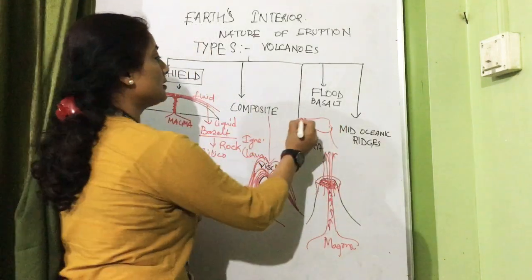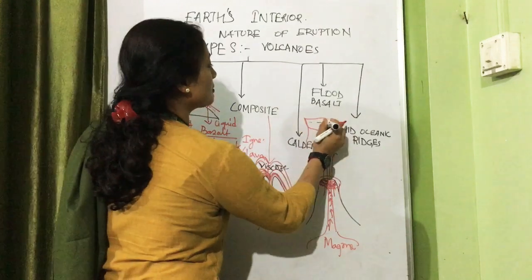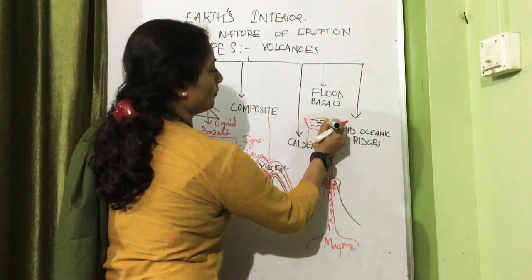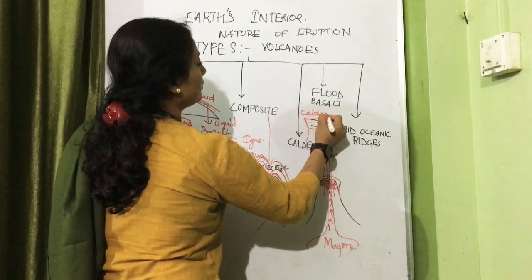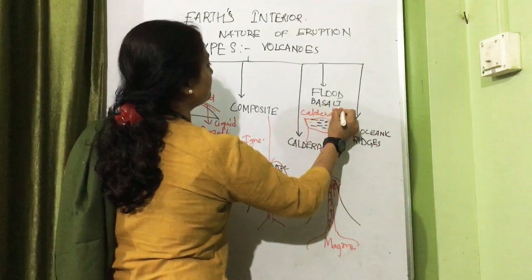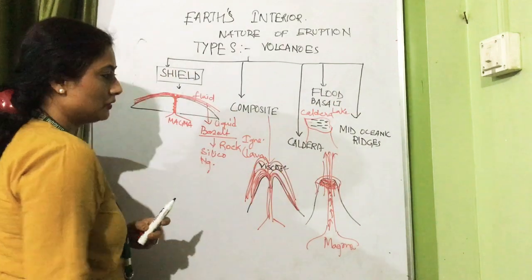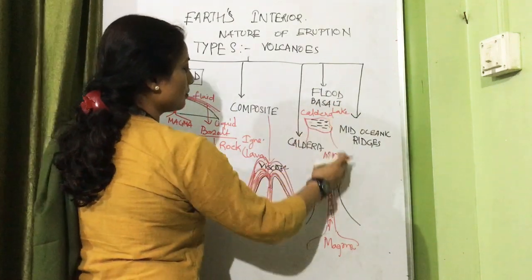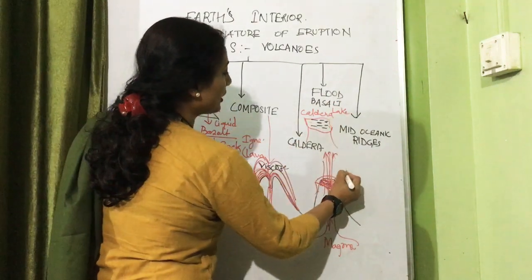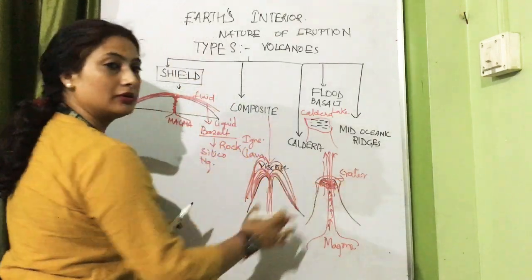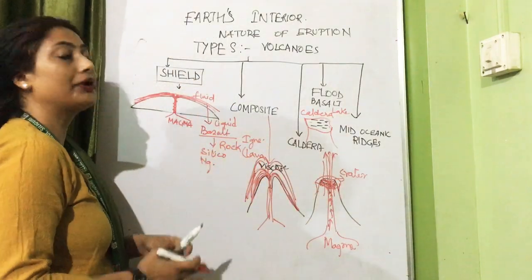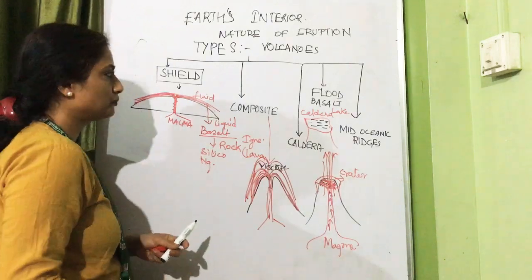Sometimes it has been seen that water gets collected in this and it forms a caldera lake. So caldera is actually the crater which gets enlarged due to the huge explosion or eruption of volcanic matter.